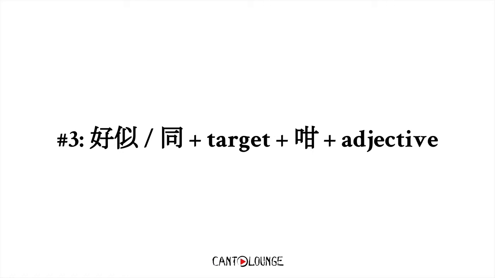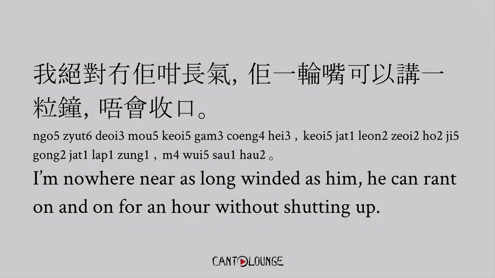And if this sounds confusing, we'll have a look at the example and it should hopefully clear things up. So 好似, just to clarify, means like, as in a metaphor. It's like that. This tastes like, I don't know, chocolate or something. 同 means and, right? So again, let's have a look at the sentence to see how this works.